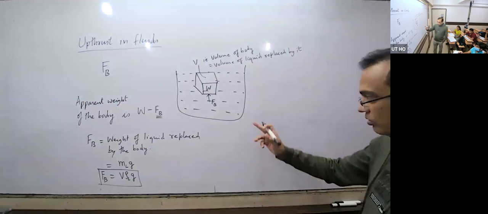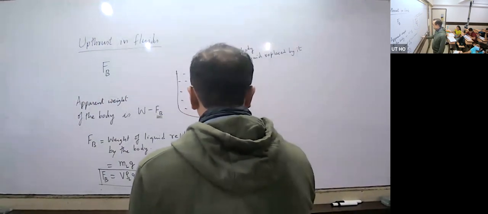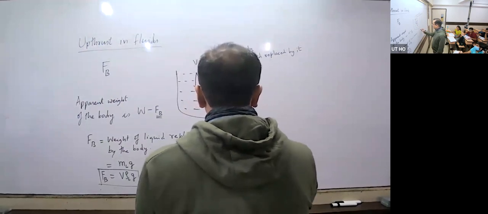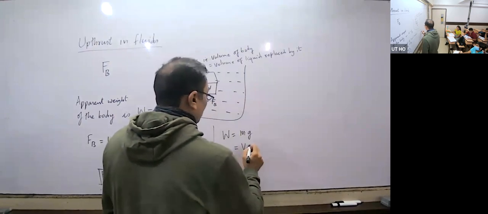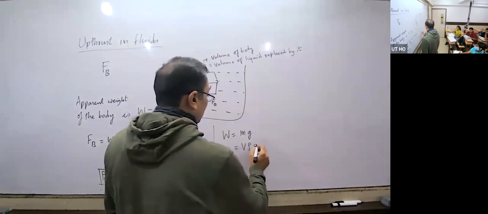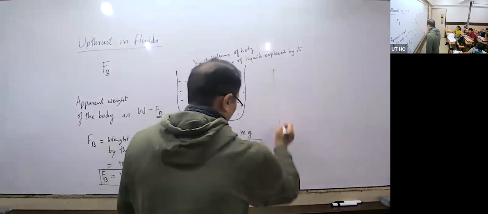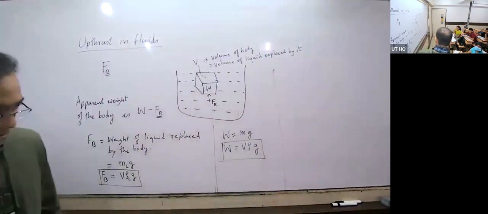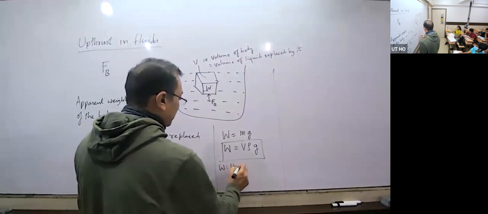And the weight of the body, W is equal to mg, and m is volume times density of the body, so weight is written as V rho. Here W is the weight of the body in air.